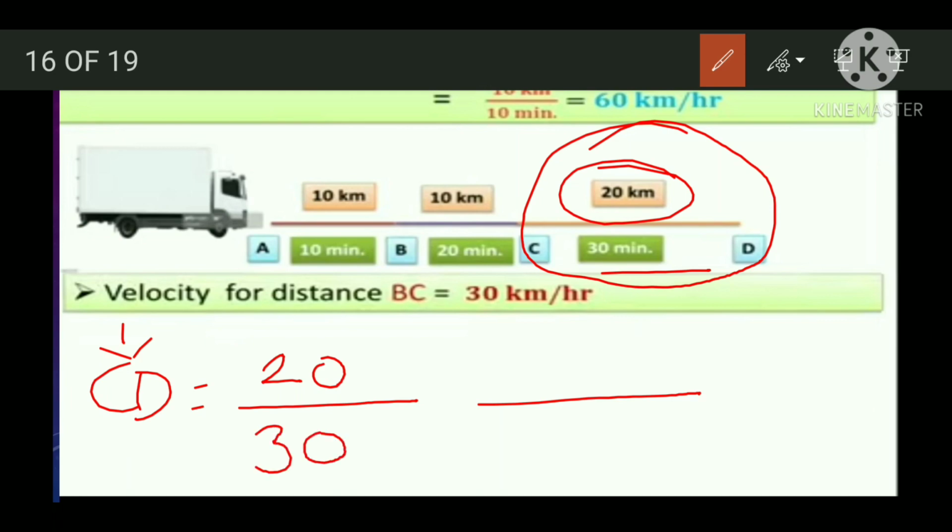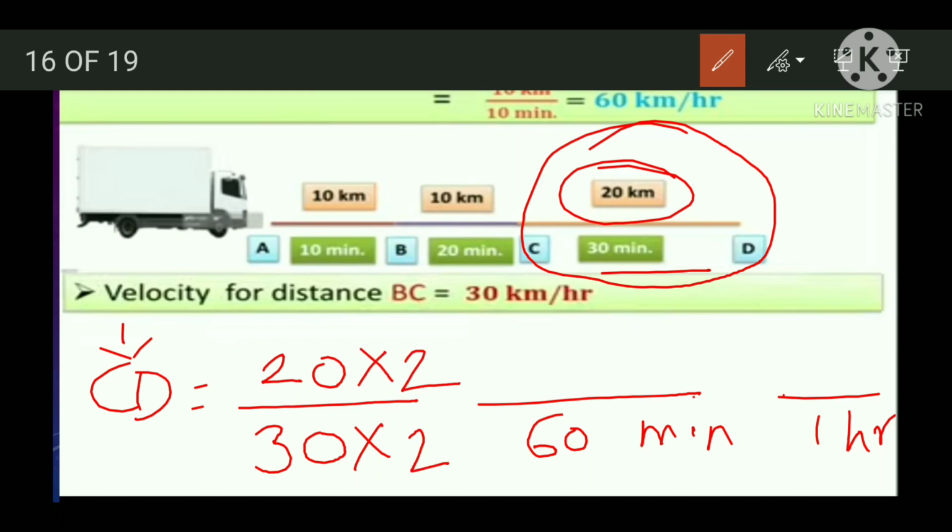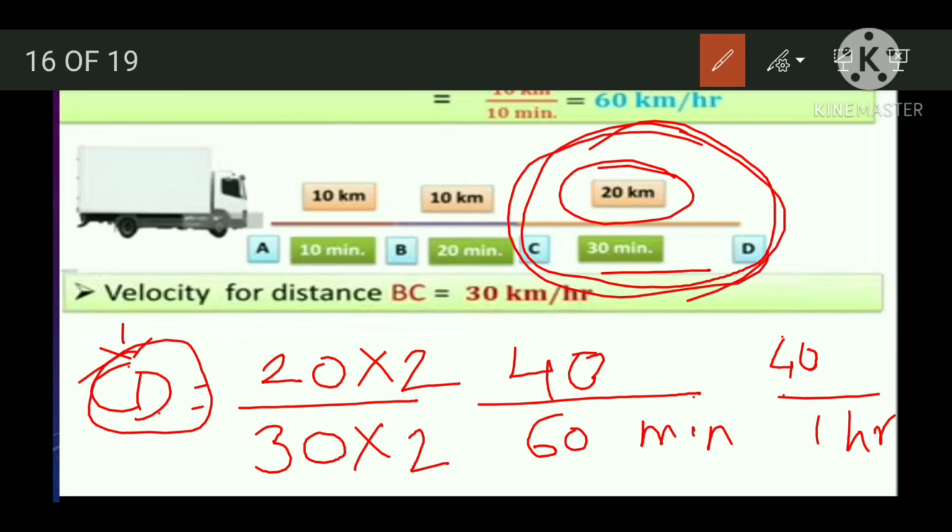Again we will convert this 30 minutes into 60 minutes, which means 1 hour. So 30 into, what digit can we take here? 2. So here also the same digit 2. 20 times 2 is 40. So we got the answer 40 kilometers in an hour. Velocity for distance CD is 40 kilometers per hour.